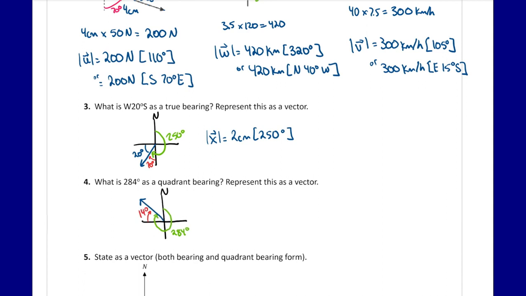Now I can use that for my vector. I'm going to use x again, absolute value. Let's say it's 2 centimeters. We don't know the magnitude, but just have something there. For the quadrant bearing, we're going to say west 14 degrees north. You might also say 2 centimeters north, 76 degrees west. If this is 14, then the other component has to work out to 90, which would be 76 degrees.